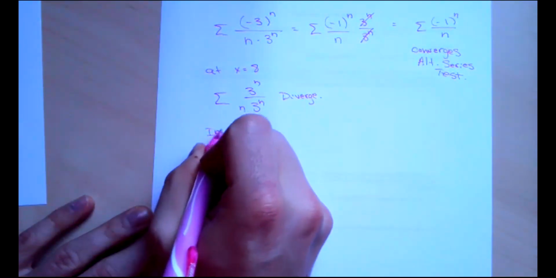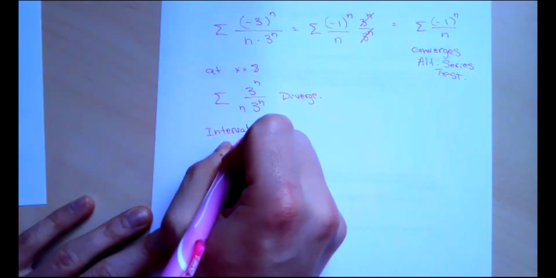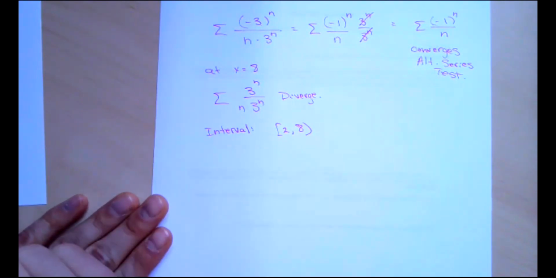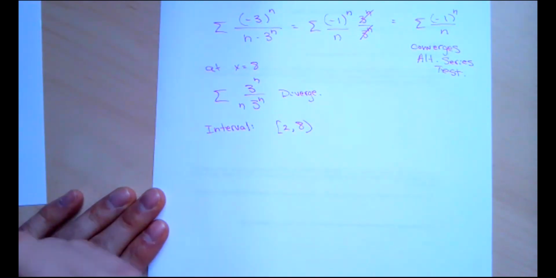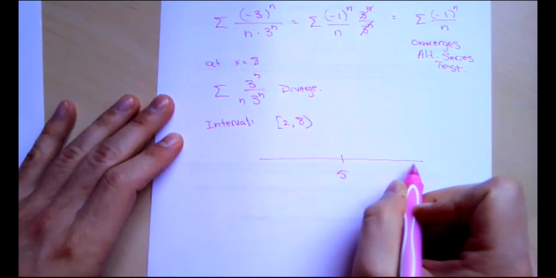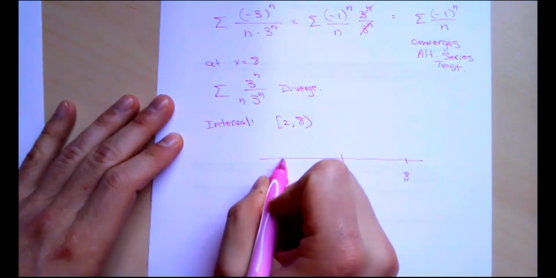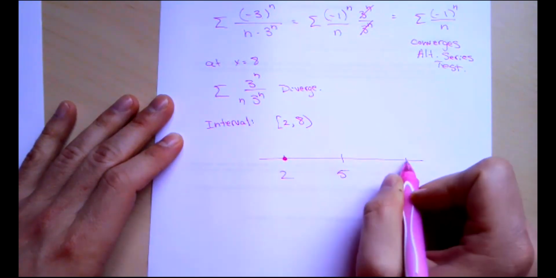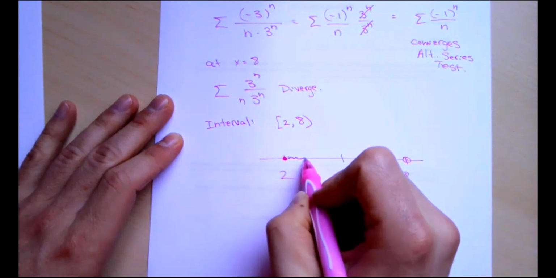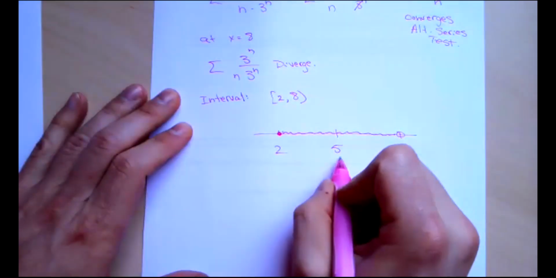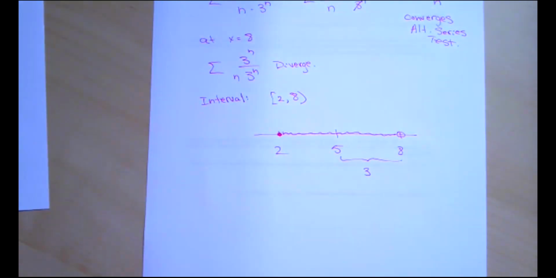So the interval is 2 to 8. So we know it converges there, diverges there, and converges everywhere in between. And of course, the radius is 3 from the center.